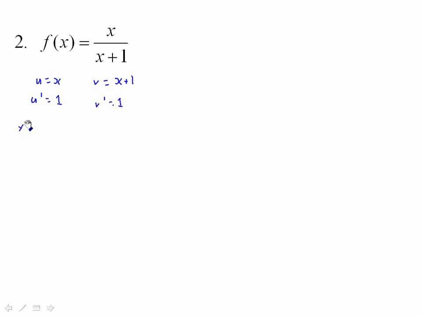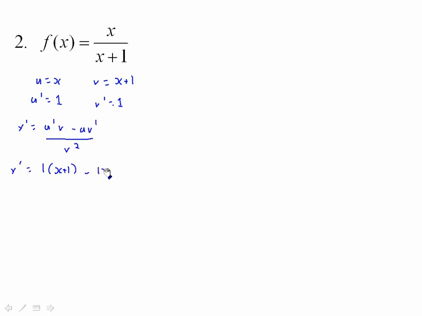And y prime with the quotient rule is equal to u prime v minus u v prime all over v squared. So y prime would be equal to 1 times v, which is x plus 1, minus u, which is x, times v prime, which is 1.